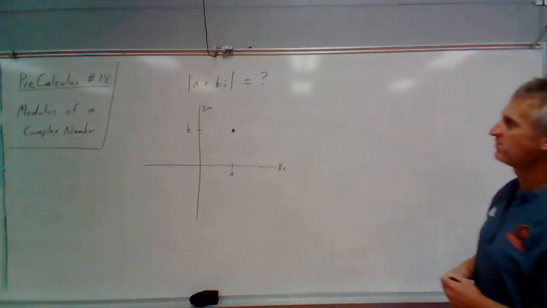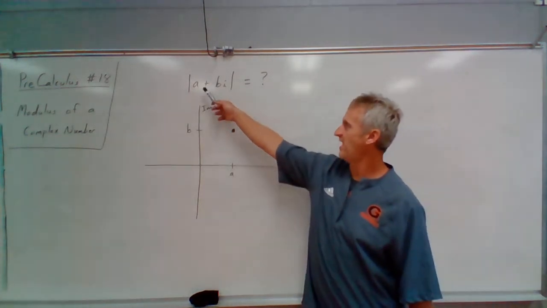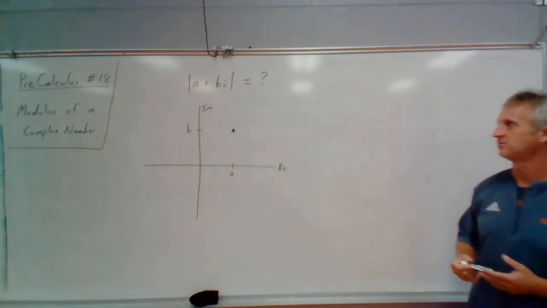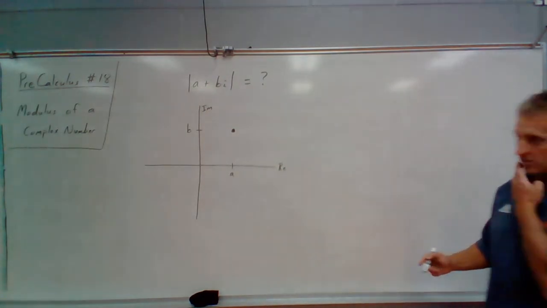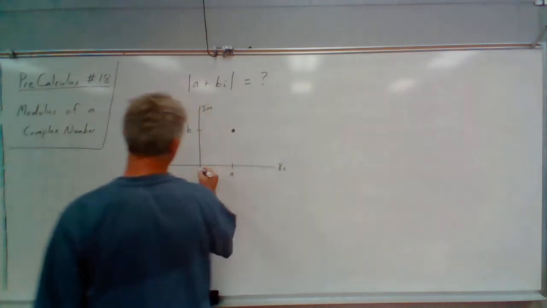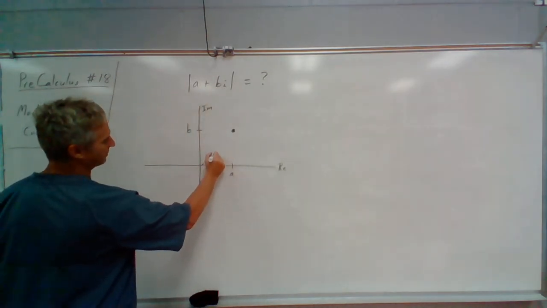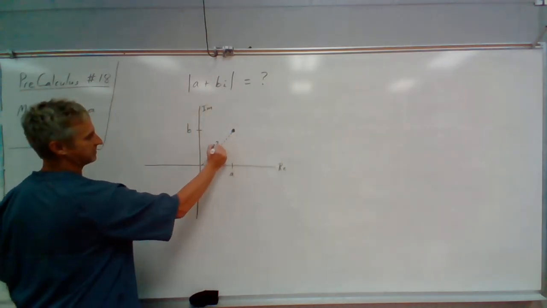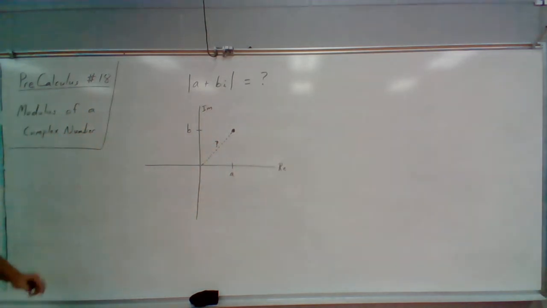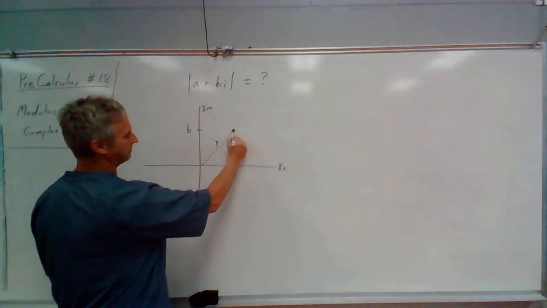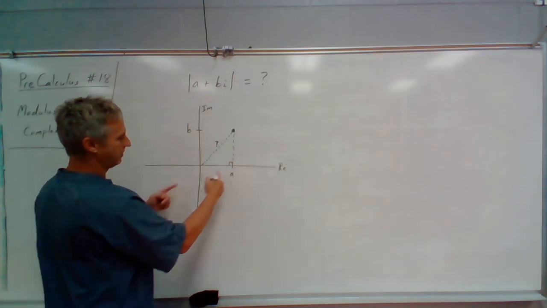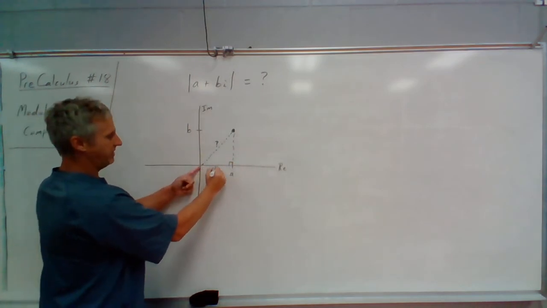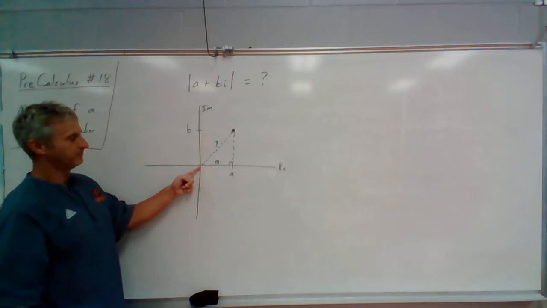All right, so let's find the modulus, or the absolute value, of a plus bi, a general complex number. Again, what we're wanting is its distance from 0. We're wanting this distance. That's a question mark. So think of a right triangle. This side of the triangle would be a units long.